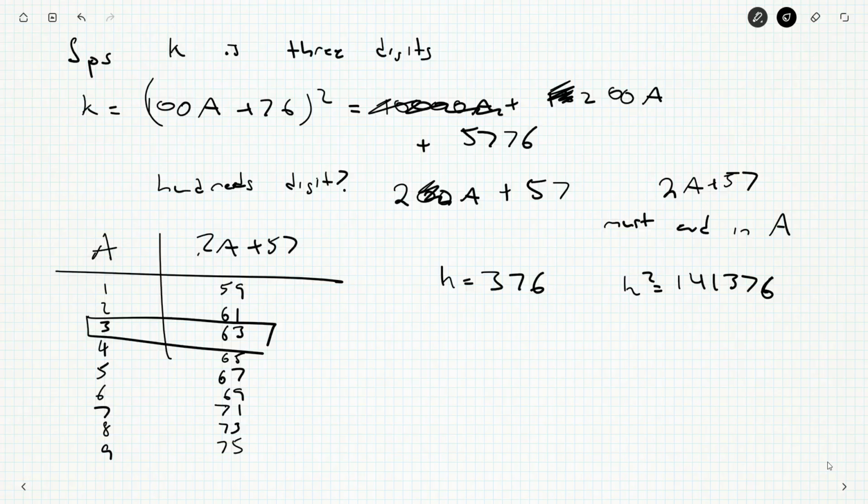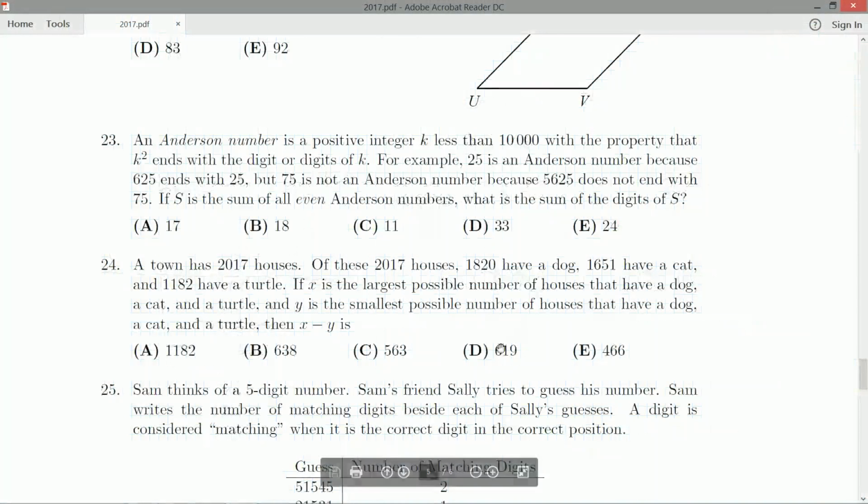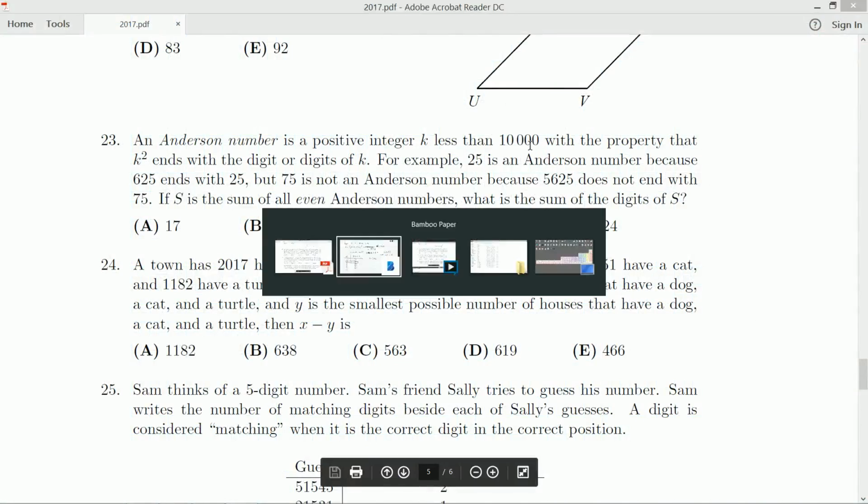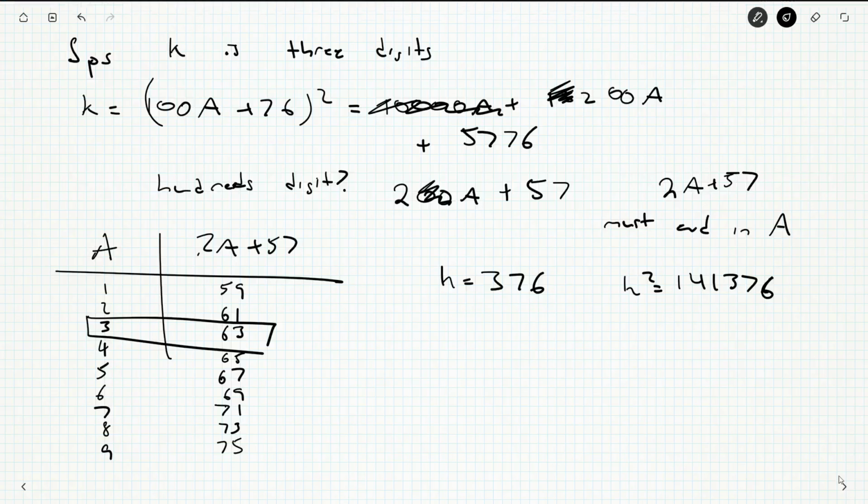So if we want to be less than 10,000, at most we have 4 digits. Well, we've already done the 1 digit, the 2 digit, the 3 digit. Let's finish this off with the 4 digit Anderson numbers, if there are any. K has greater than or equal to 4 digits. What do we have there? It's got to end in 376. So it's 1000A plus 376.